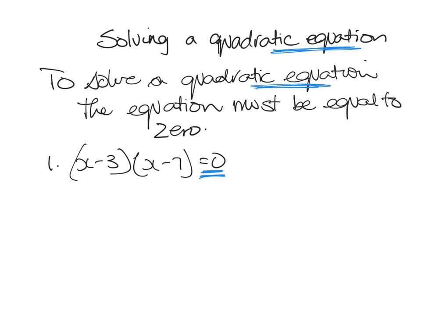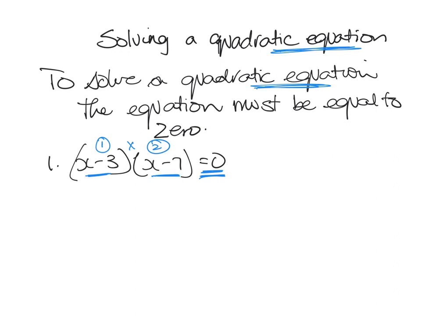If it is in the factorized form, this is how we solve the quadratic. We know that if one thing is being multiplied by a second thing, and the answer is 0, then one of those two things must be equal to 0. So for this quadratic to be equal to 0, either this bracket is equal to 0 or this bracket is equal to 0.